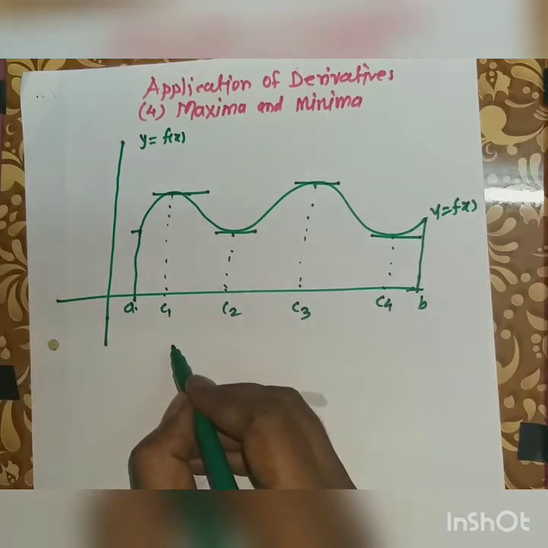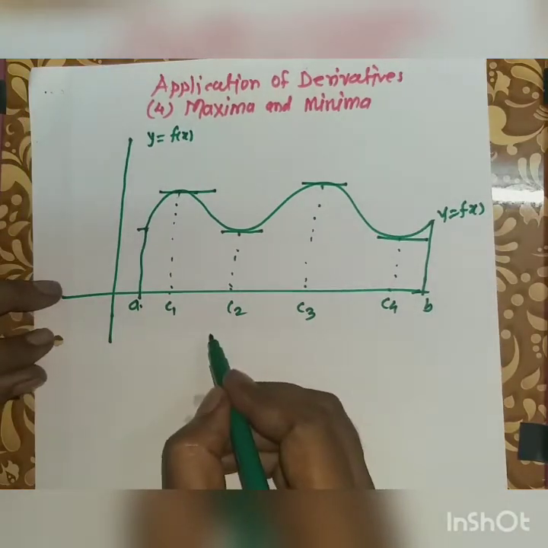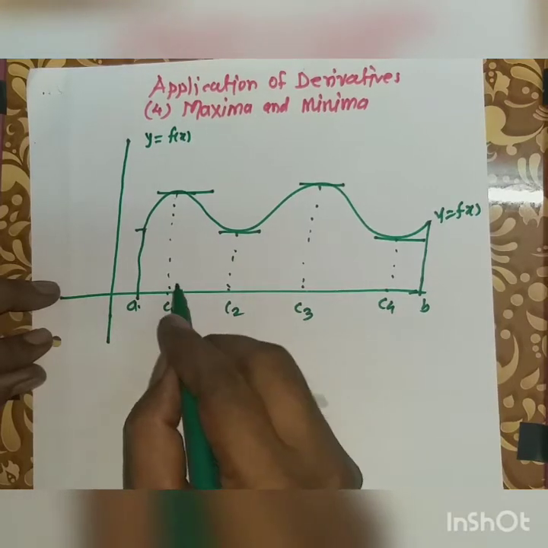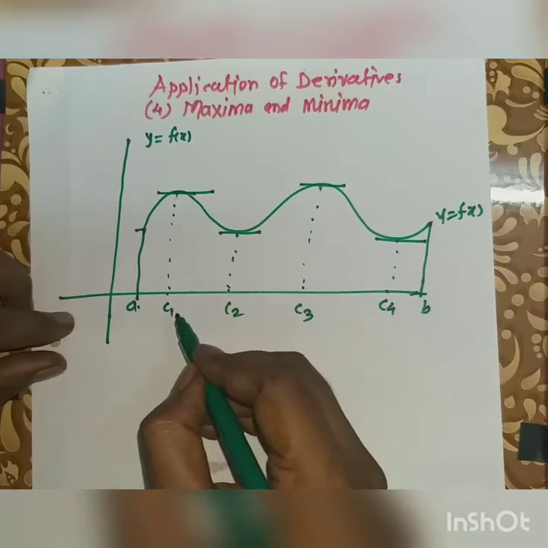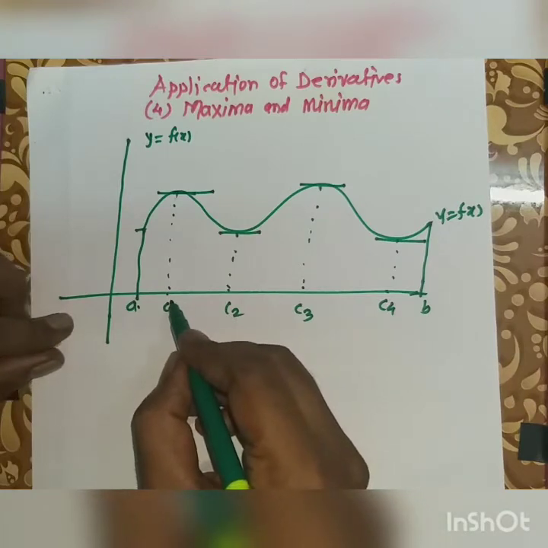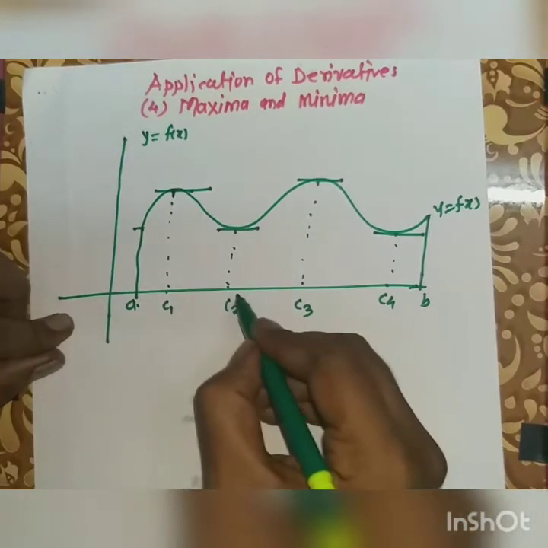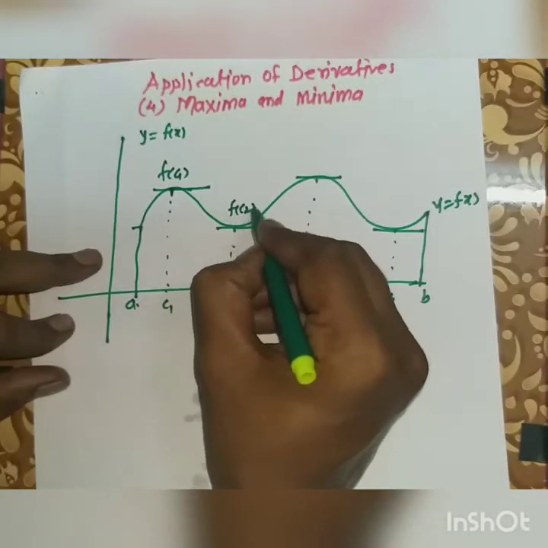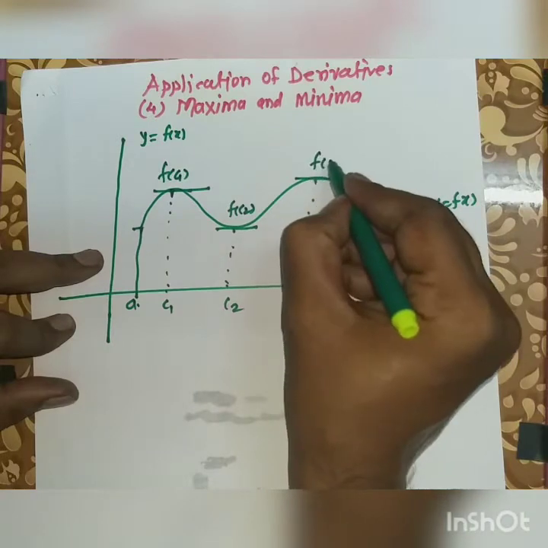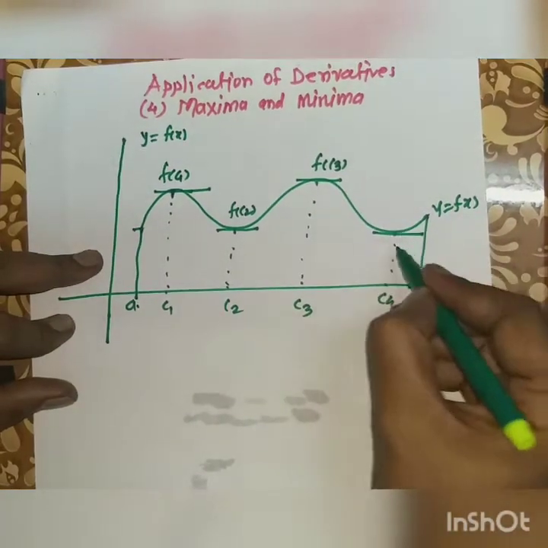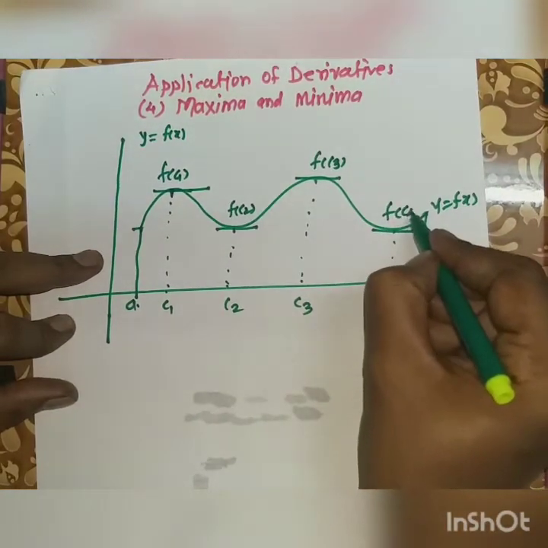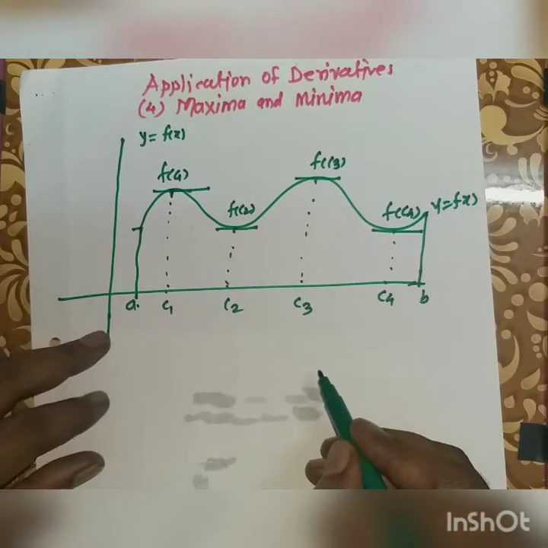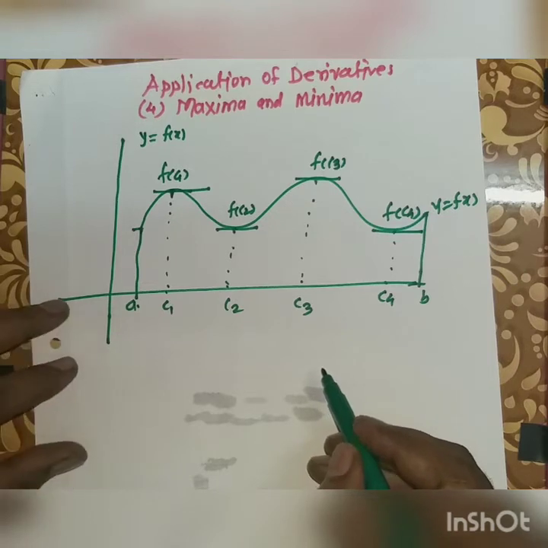These points are called stationary points or extreme points, because at these points we verify the height of this function, or the y coordinates of those points, that is f of c1, f of c2, f of c3 and f of c4. At those points we verify whether the function is maximum or minimum.